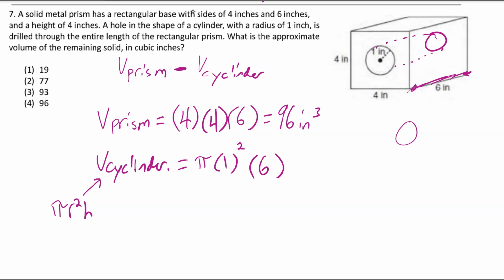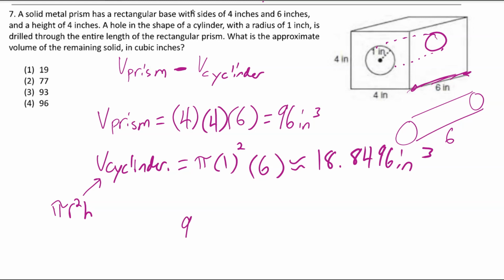Picture like a cylinder laying down again, where your height between your bases would be 6 inches. So the volume of the cylinder is exactly 6 times pi, or if I type it into my calculator, it's about 18.8496 inches cubed. And if I subtract those, you get something that's closest to 77 inches cubed.